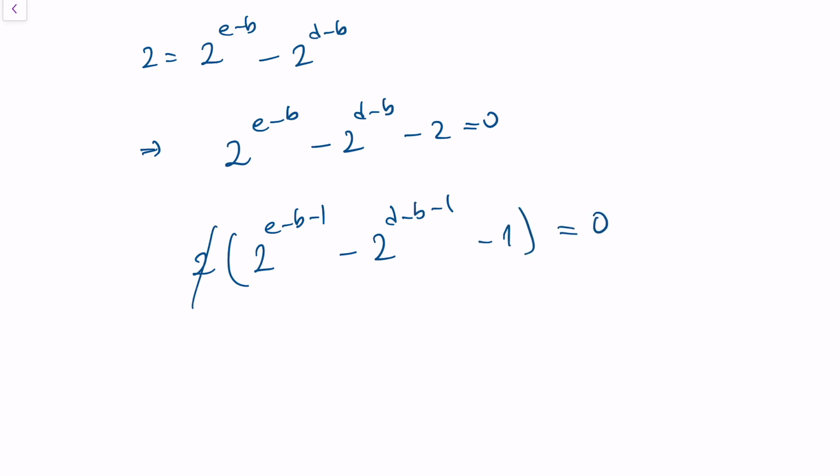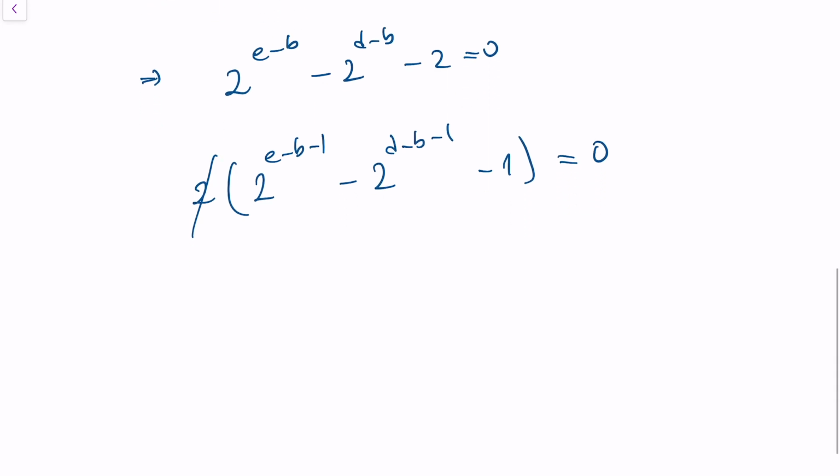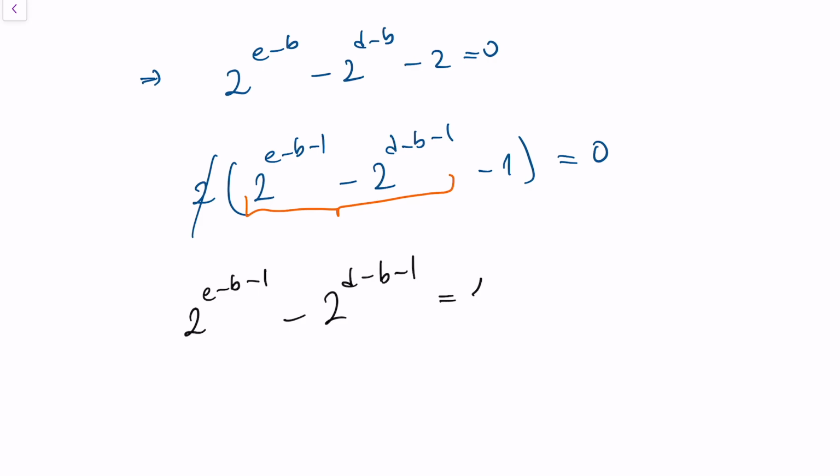If we divide both sides by 2, we must have 2^(e-b-1) - 2^(d-b-1) = 1.